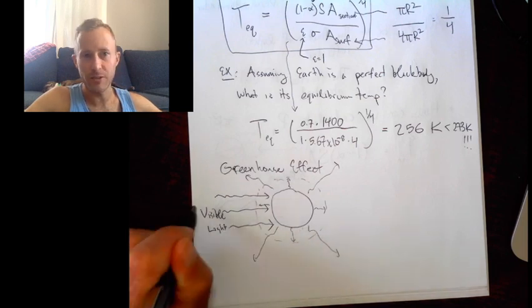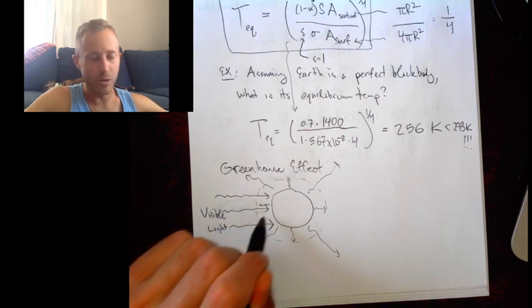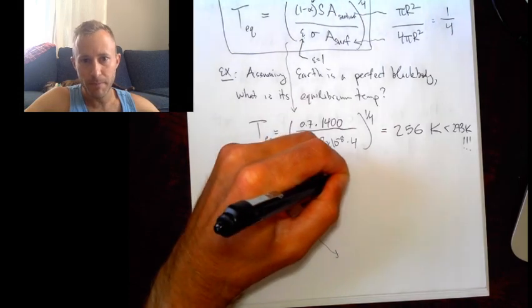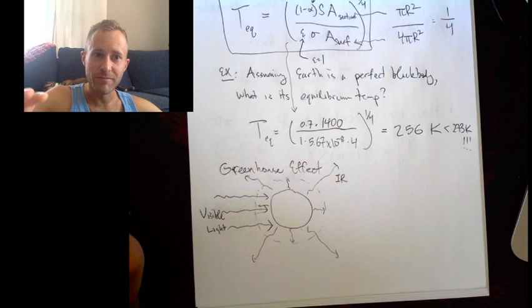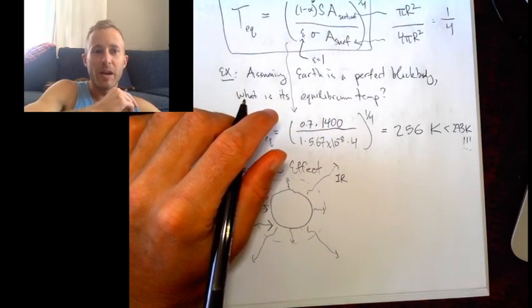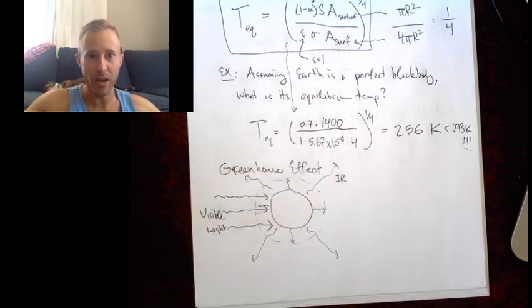The sun is so hot that it's emitting visible light, but the Earth is so cool that it actually emits infrared light. And the atmosphere allows visible light to pass through it, but it blocks a portion of the infrared light that the Earth emits back out.